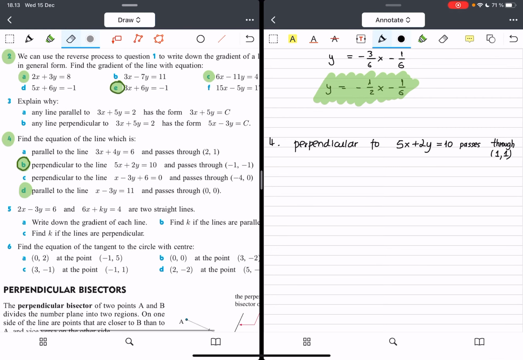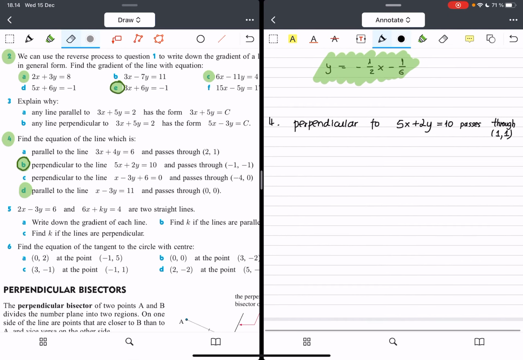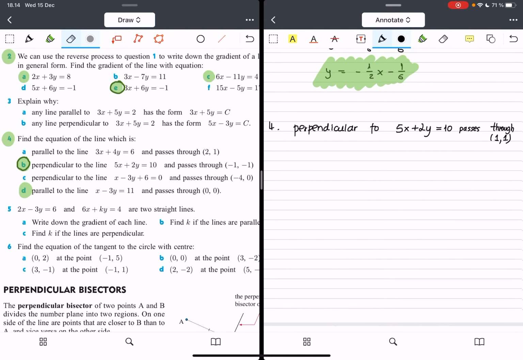Lastly, it says find the equation of a line which is perpendicular to this, where you're given the general form, and passes through that point. Again, in that case, first we need to find the slope of the line that we're given. That's 5x plus 2y equals 10.